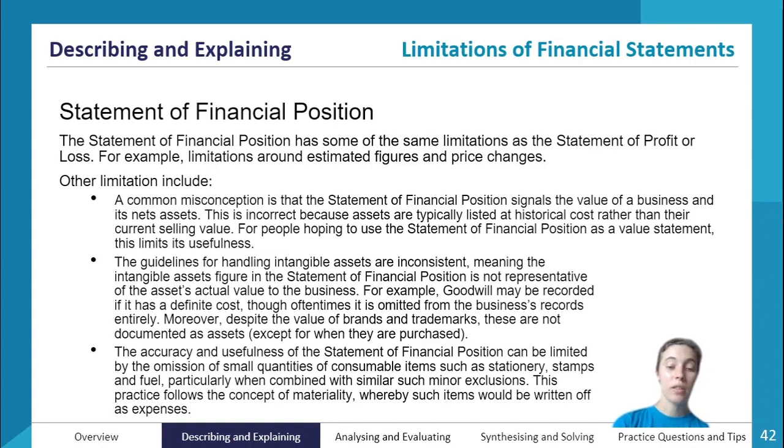And then the accuracy and usefulness can be limited by small quantities of consumable items being omitted from the statement. Stationery, stamps, fuel, those things can all add up to have some value, but they're often not going to be included in these statements because they're more minor than other things.